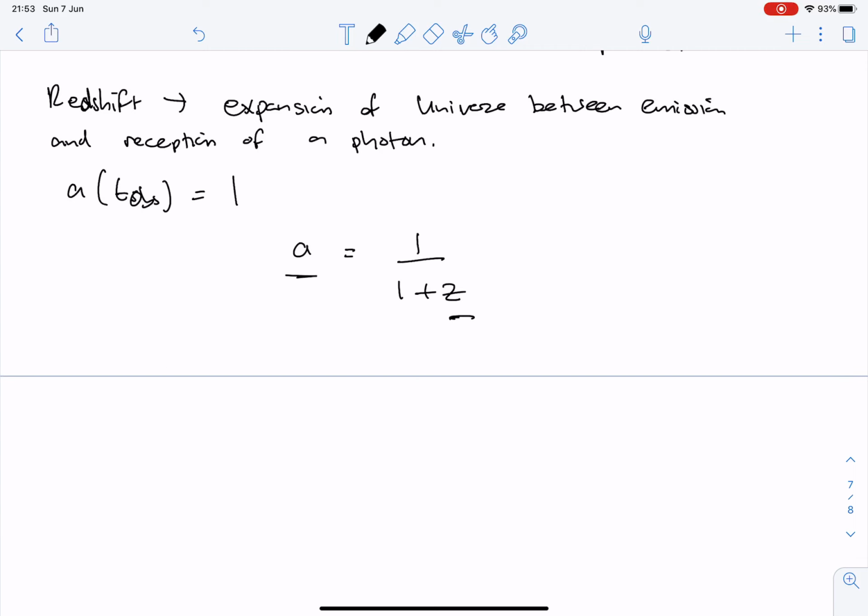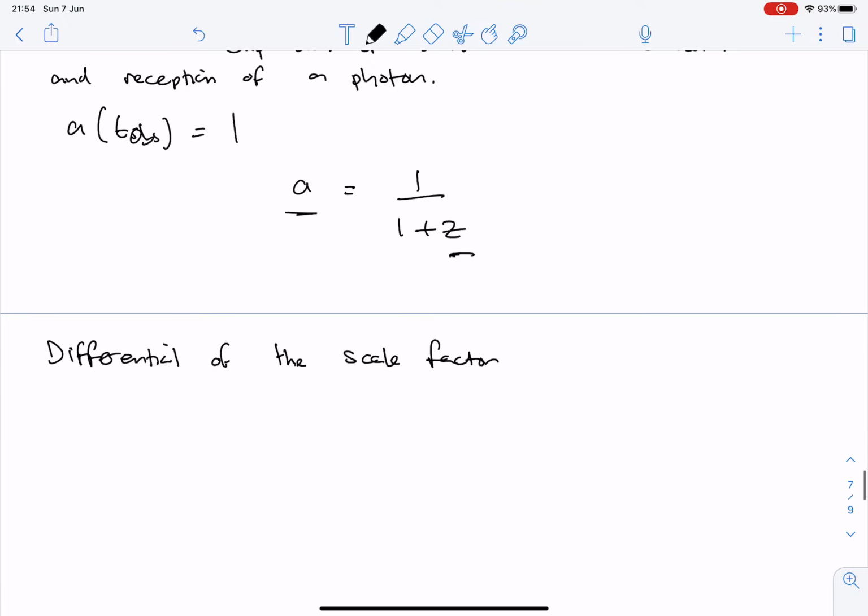You can also consider the differential of the scale factor. In a sense, that's the rate of change of the proper distance.